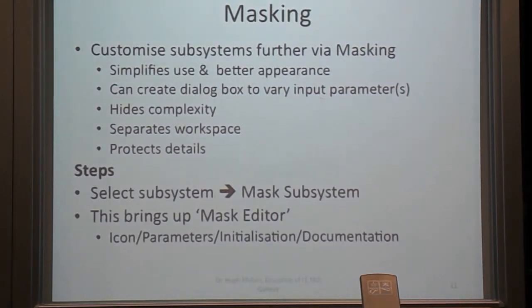So I hope that makes sense. And if it doesn't make sense, it will cause you confusion when you're running your model. You're wondering where the variables are coming from. But you need to be aware of that hierarchy in terms of where Simulink looks for variables. Okay.